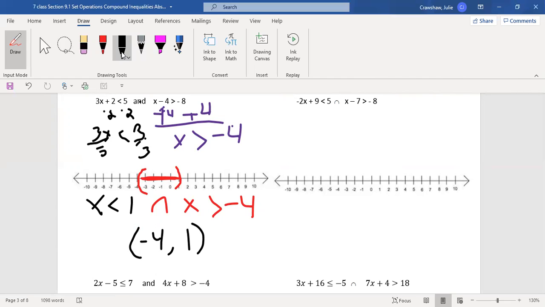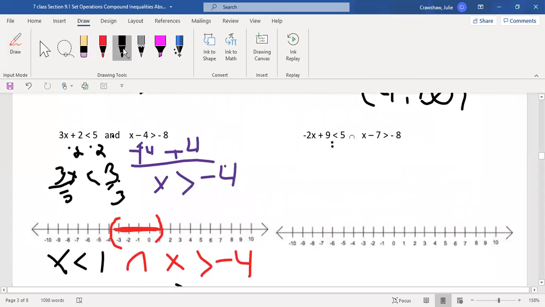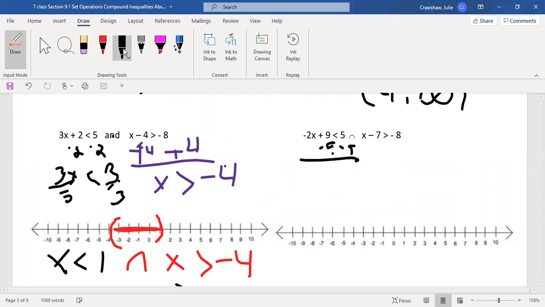Okay, so let's go ahead and do this other one over here. So I'm going to subtract my 9 from both sides. So minus 9 minus 9. So I have negative 2x is less than negative 4. Now I'm going to divide both sides by negative 2.